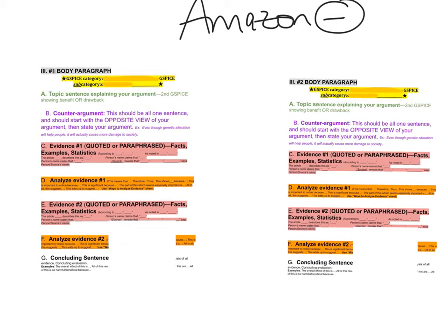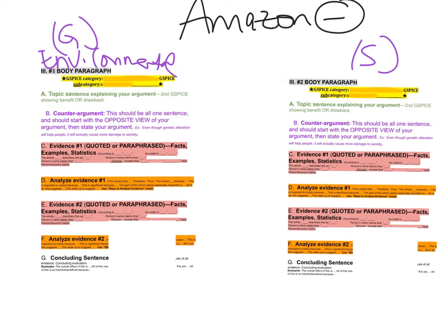So you're saying this one's going to be about all the environmental problems, which is part of the G in GSPICE, and this one's going to be about all the social problems and perhaps like workers' rights.